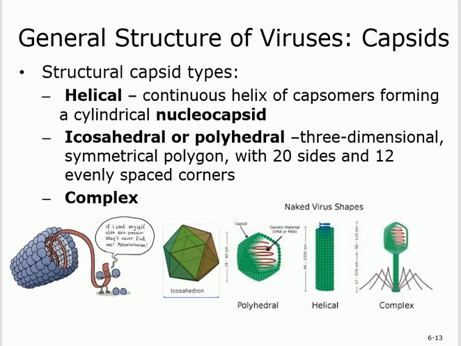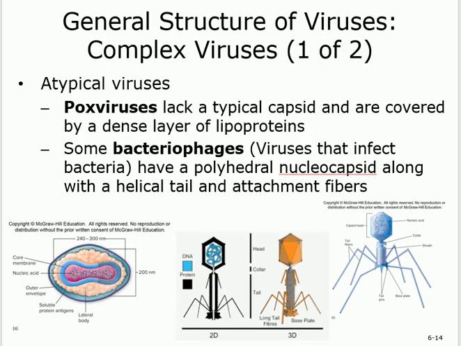Is that okay so far? This depends on the shape of the capsid. Now there are some viruses that we call atypical viruses. Atypical means we have typical and atypical. What does A mean when you put it in as a prefix? Not.